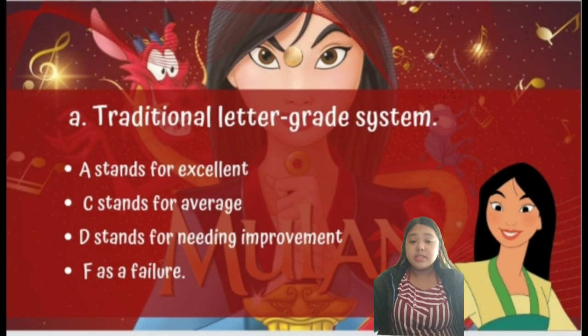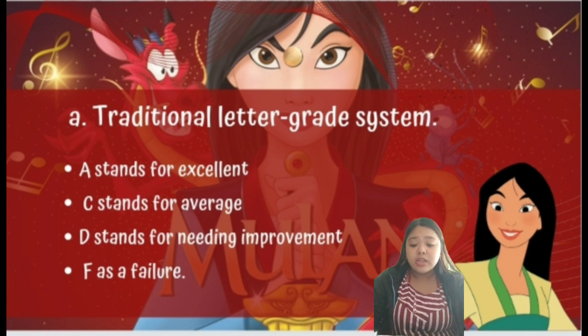So here comes number one, or A, the traditional letter grade system. In the traditional letter grade system, students' performances are summarized by means of letters. A stands for excellence, C stands for average, D stands for needing improvement, and F for failure.